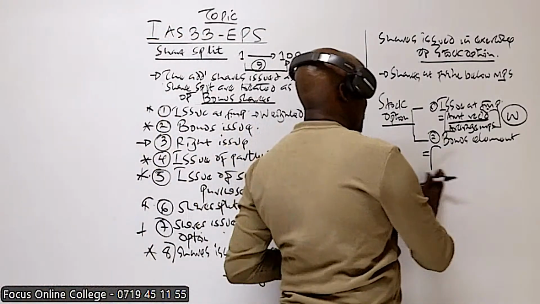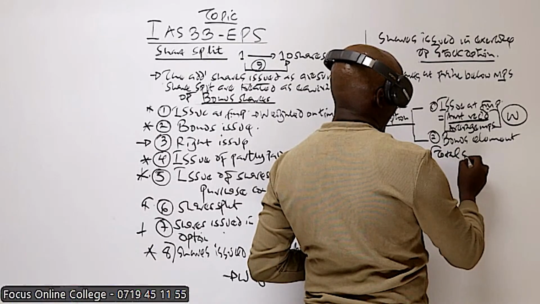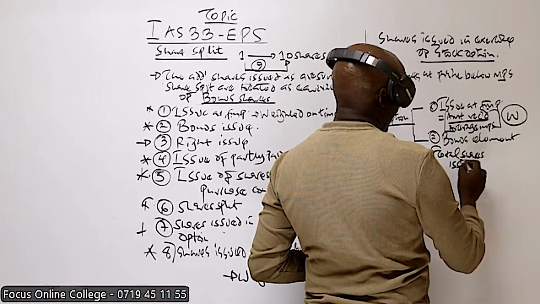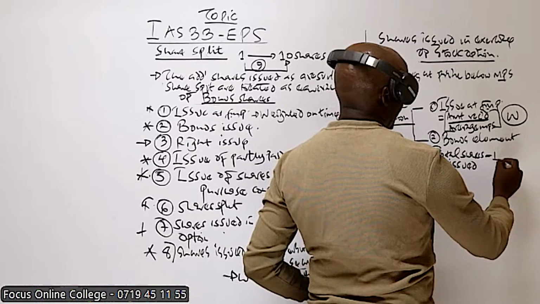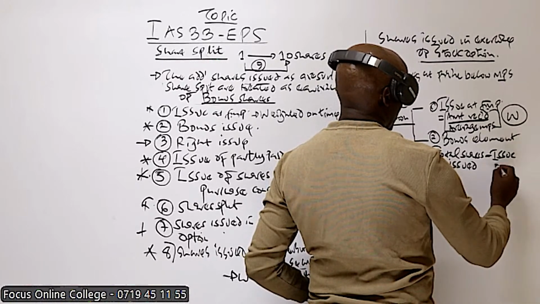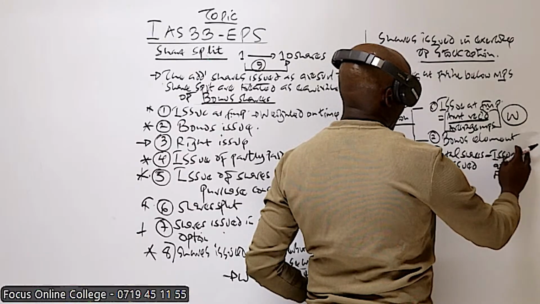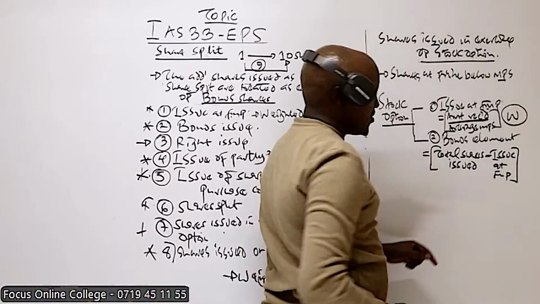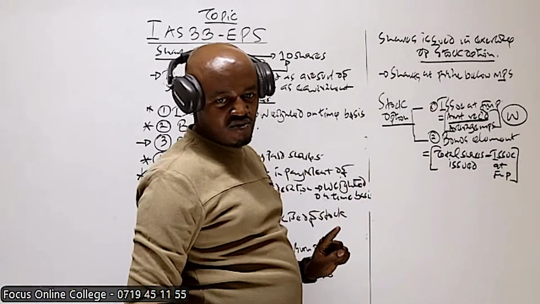To compute this, we take the total shares issued to the employees, and then we less the issue at full market price, which is what you have computed using that formula.